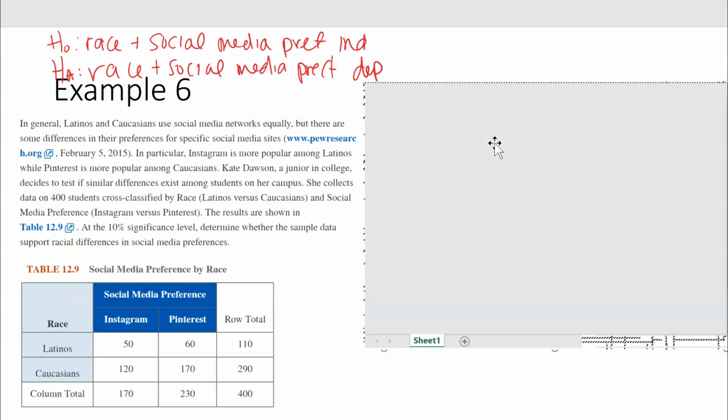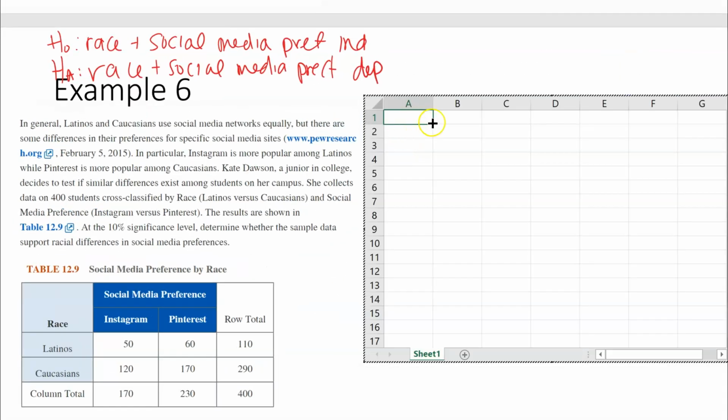I'm just going to do the same thing I did last time, which is let Excel calculate those for me. My observed frequencies are just coming from that table. When I look at the 50, my row total is 110 times my column total divided by my total.